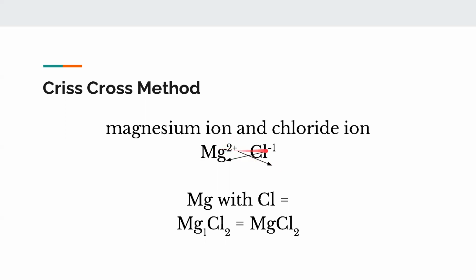Then you take the 1 here and make it Mg1. So Mg with Cl would be Mg1Cl2, but you'd never write 1s. So the final answer would be MgCl2. If you didn't understand the regular way, which is finding the positives and negatives and balancing it out, you could just use this method.